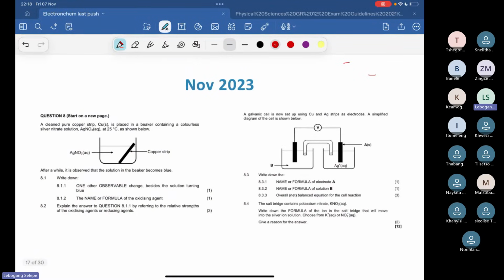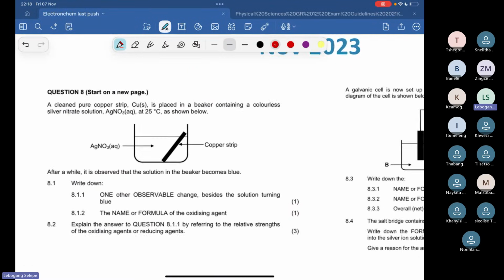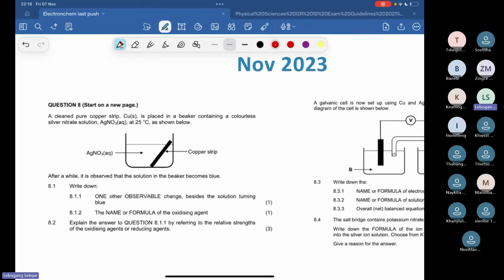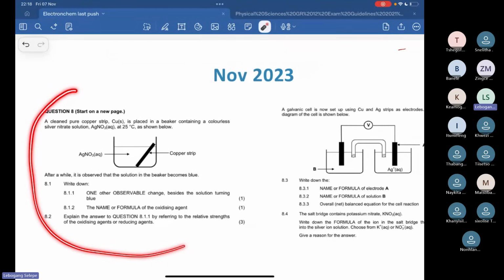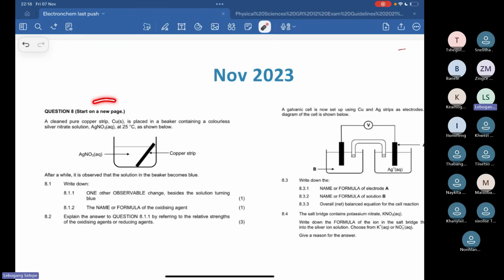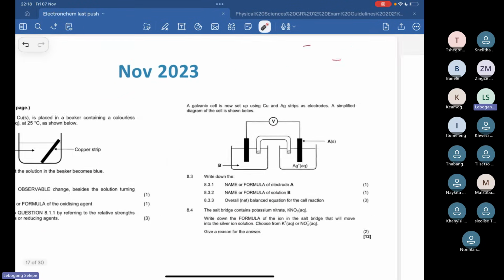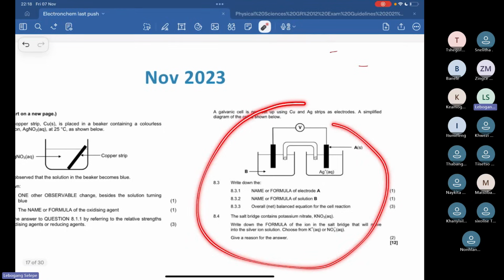Let's see 2023. Guys, can you see the pattern? The first part of the question is where they want you to explain using oxidation numbers, oxidation strength or reducing ability. Then you come to the actual galvanic cell.